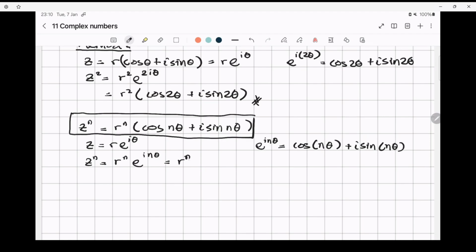So this would be r^n cos n theta plus i sine n theta. So it's a very fun kind of proof to show this particular expression.